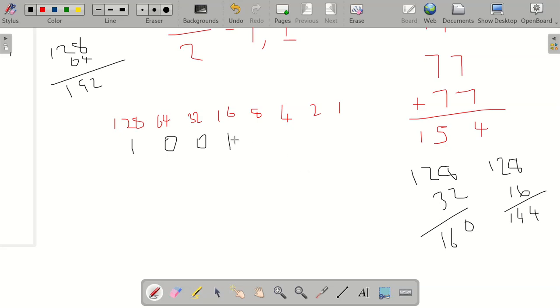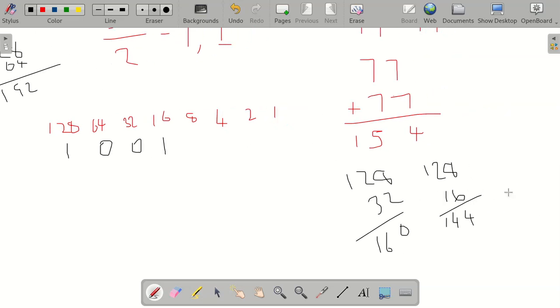So 144 plus 8, I'm sure it's 152 now. So let's try. So plus 8. So 4 plus 8 is 2. And then this 4 plus that remainder, which is a 1, so it's 5, 1. So 152. So from 152, we are missing a 2 to have 154. So we put a 1 here where there is a 2. So this is our answer in terms of binary for 154.